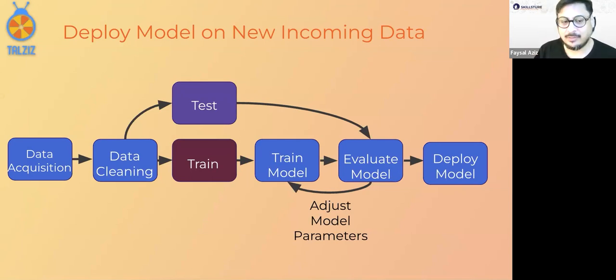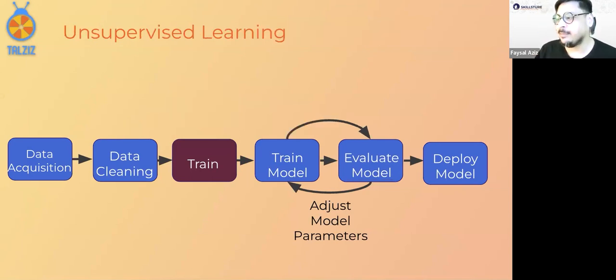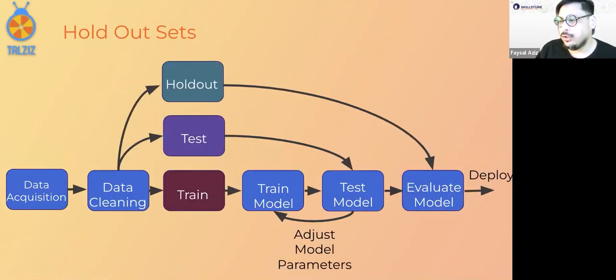So again, this is a cyclic process where you just keep on evaluating the model, you find mistakes, you adjust the parameters, and then again you train the model. And finally, when you see that your test model is good, you should keep something called a holdout set, which means, remember we kept 30% out over here.